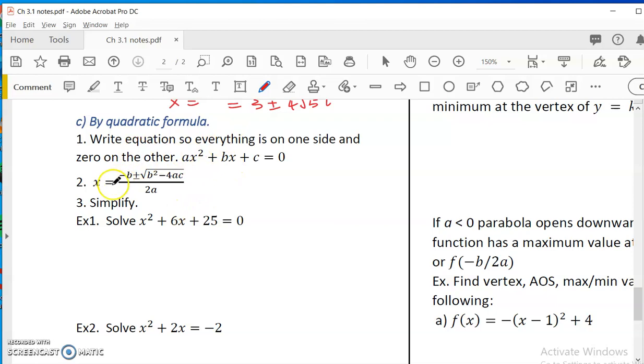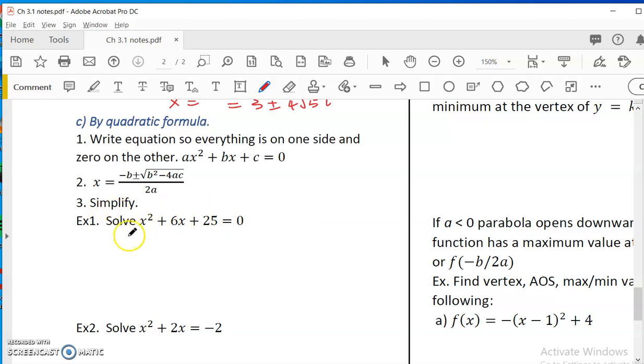To solve it, we move everything to one side and look at all the coefficients of x squared, x, and the constant term. They become a, b, c. Then x is negative b plus and minus square root of b squared minus 4ac, all over 2a. Right? Let's say this one is not factorable because no numbers multiply to 25 and add to 6.